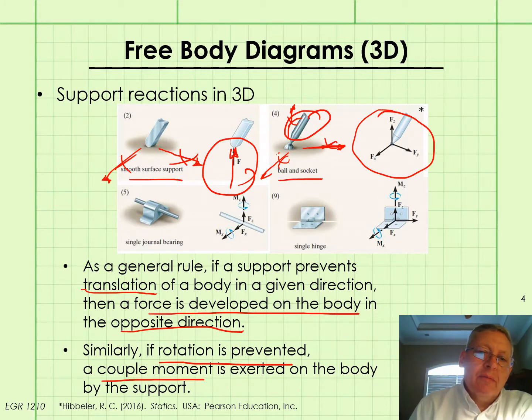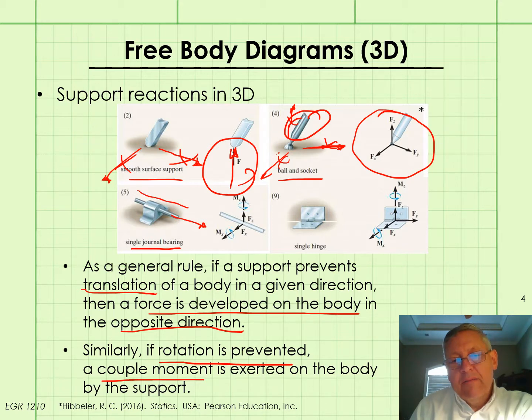Another common support is a single journal bearing, and by definition the journal bearing does not restrict movement of the shaft shown here along the axis of the shaft. So we're not going to show that force reaction.